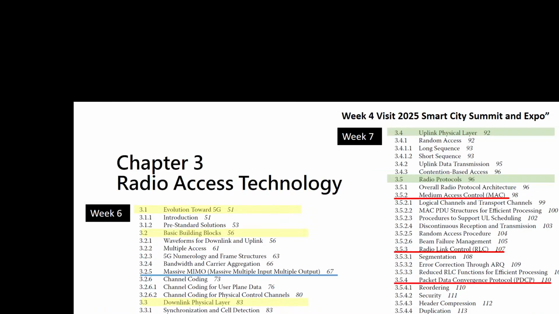Okay, so what's MAC? MAC is medium access control, radio link control, and PDCP, packet data. Packet data is this. 4 symbols.